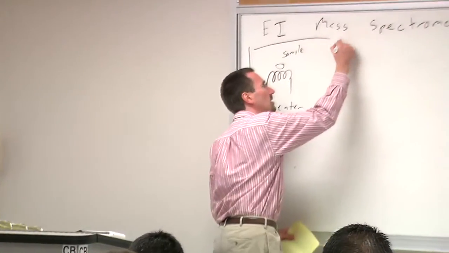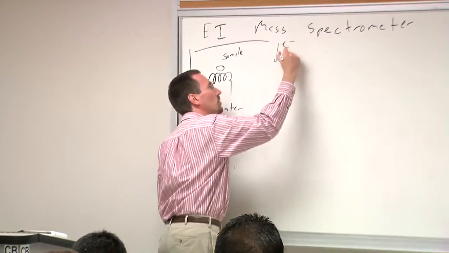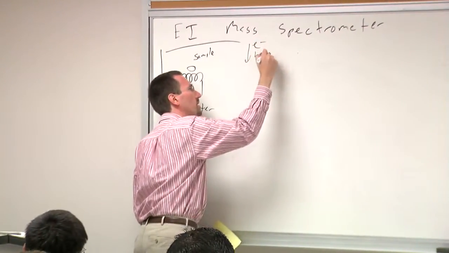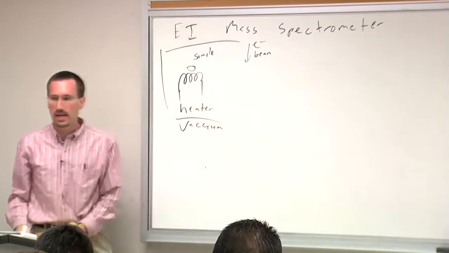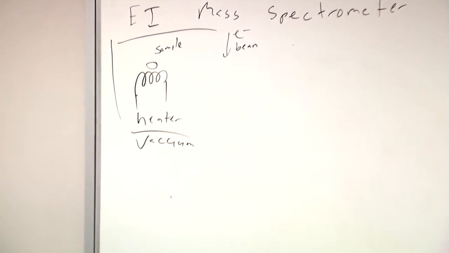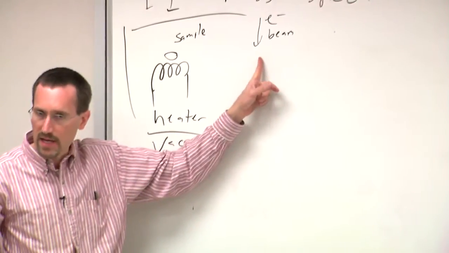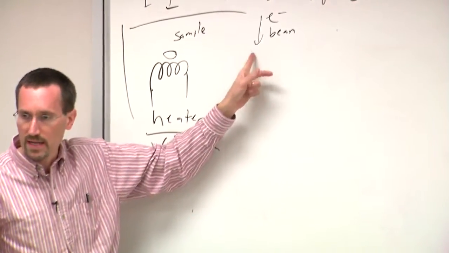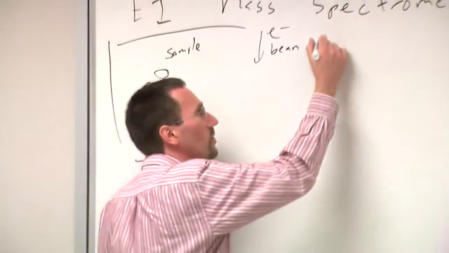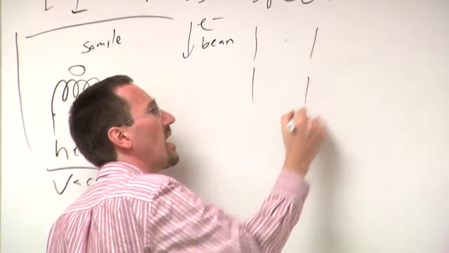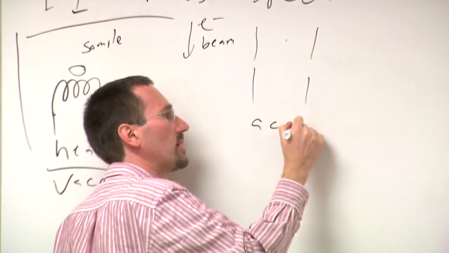Once you get the molecule into the gas phase, you hit it with an electron beam. That electron beam typically ends up being at 70 electron volts. The molecule now in the gas phase is ionized, but it's not moving at any particular rate. So then what you do is you have a pair of accelerating plates.